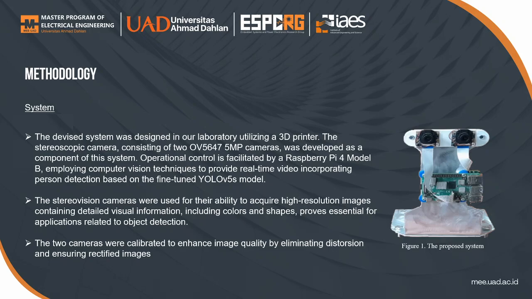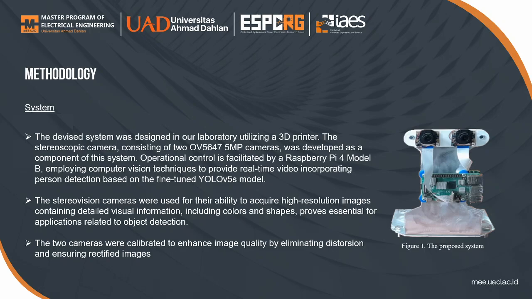The stereoscopic camera that we are seeing here is composed of two OV5647 5-megapixel cameras, and it was developed as a component of this system. Operational control is facilitated by a Raspberry Pi 4 Model B, employing computer vision techniques to provide real-time video incorporating person detection based on the fine-tuned YOLOv5 model.